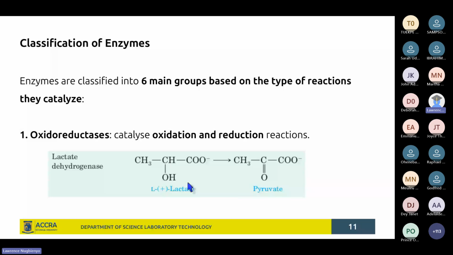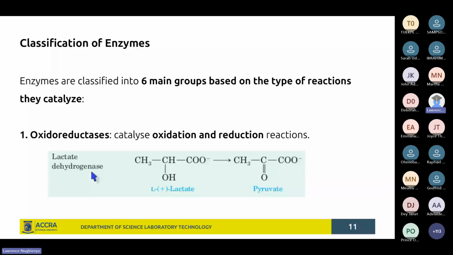Lactic acid is oxidized to give you pyruvate, and the enzyme which is catalyzing that reaction is lactate dehydrogenase. So that's an oxidation-reduction reaction occurring there. All right.